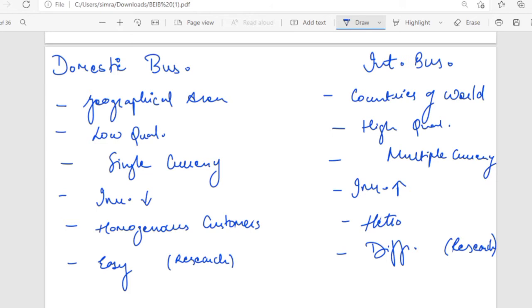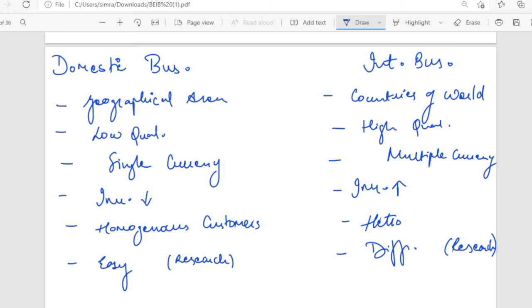In domestic business, you will do business within the geographical boundaries of India only, or if you are staying in the US, within that country only. In international business, you will be doing business with different countries of the world.